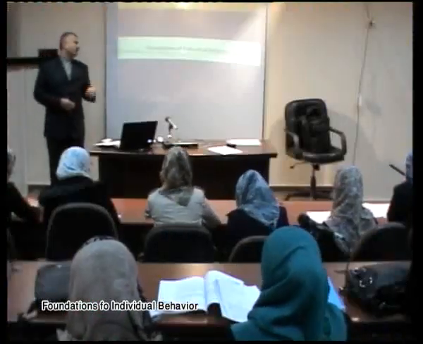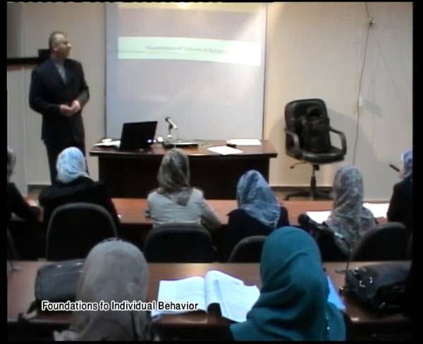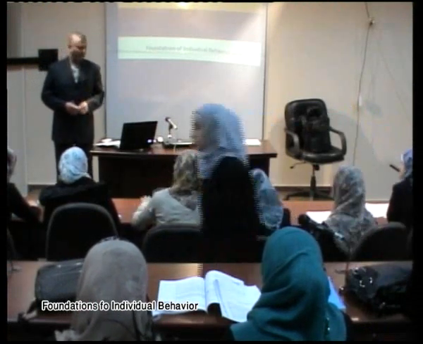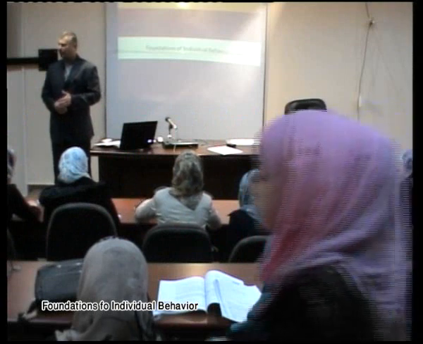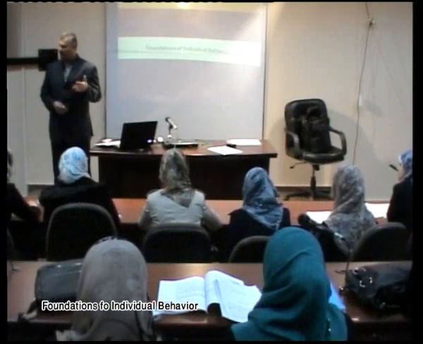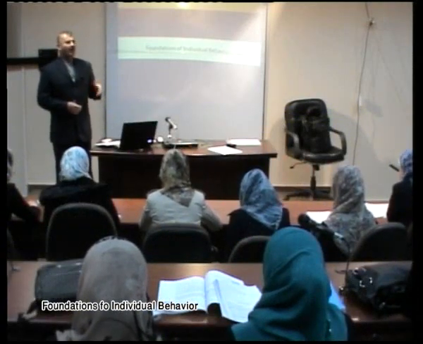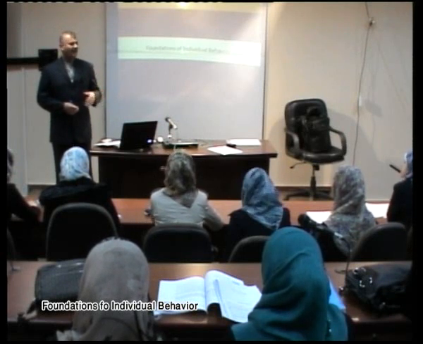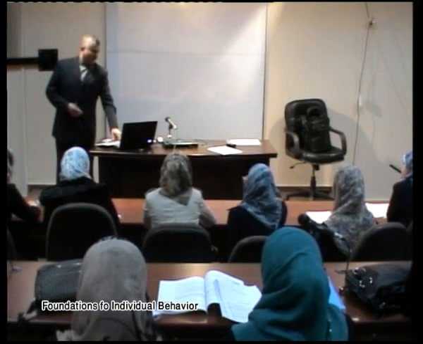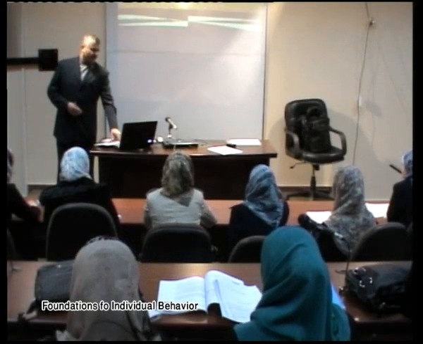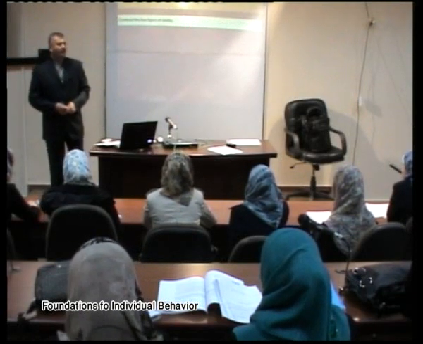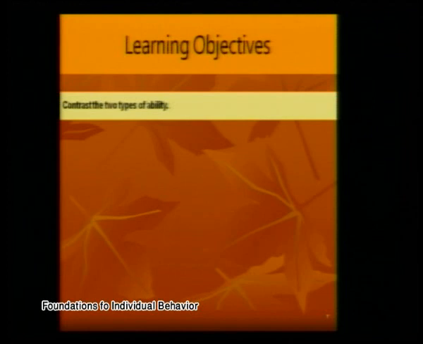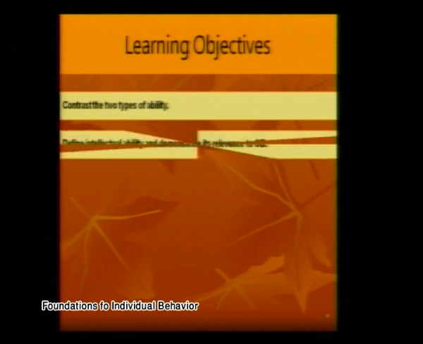Now, in this chapter, which is Foundations of Individual Behavior, we are going to go through some topics related to individuals' behavior within organizations, such as ability, learning, and so on. The learning objectives for this chapter are: we need to know what are the different types of ability, and the differences between those types of ability.